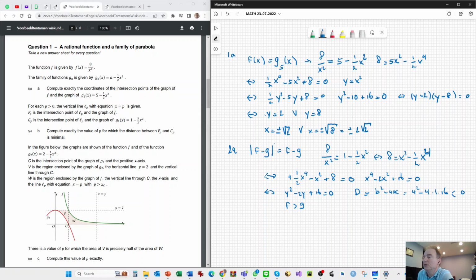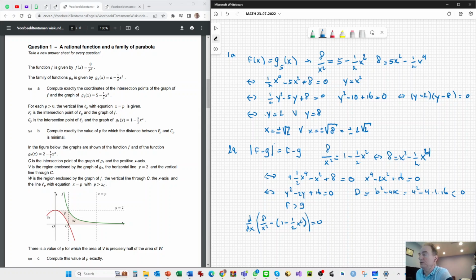So we need to find the extreme of f minus g. So we need to take the derivative. So we need to set d/dx of 8 divided by x squared minus 1 minus 1/2 x squared is 0.